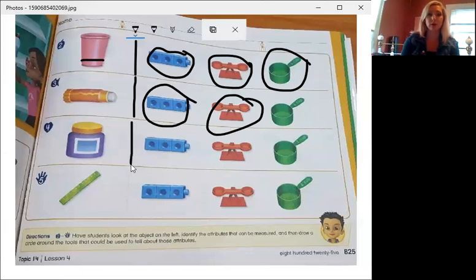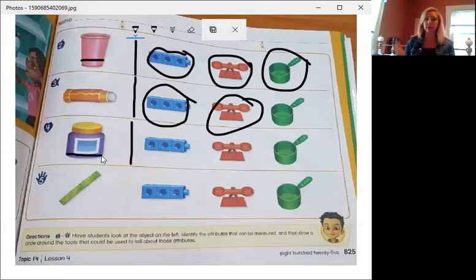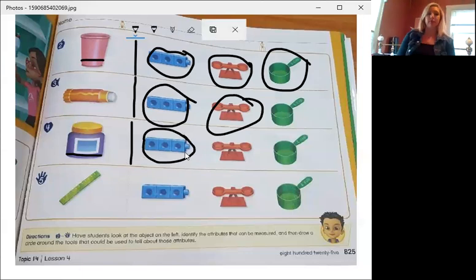All right, number 4. We have some paint, jar of paint. Okay. Can we put the cube train here on the bottom and measure its length? Yes, we can measure its length. Can you put the paint on the scale and measure if it is heavy or light?